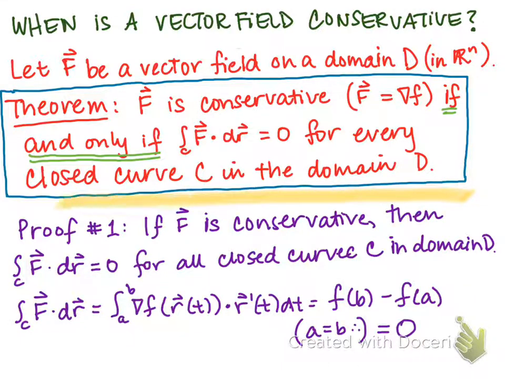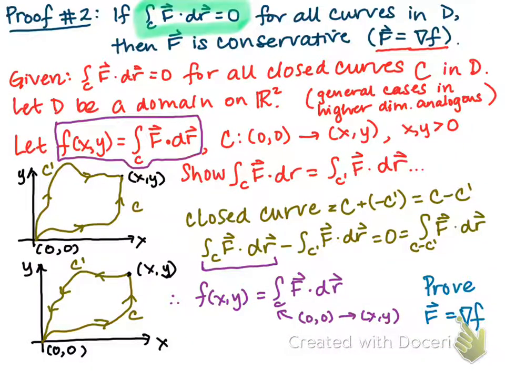So this first proof was actually very straightforward because we have already done the work for it in a previous lecture. And then for the second proof, we want to show that if the line integral over C of F dot dr is 0 for every closed curve C in the domain D, then F must be conservative. So we defined a potential function f, and then we proved that the partial derivatives of f are the components of vector field F.